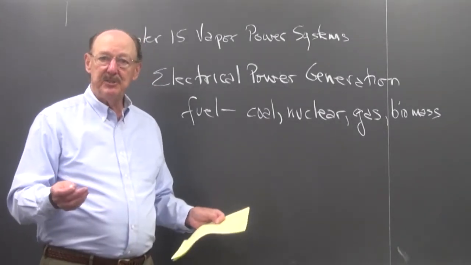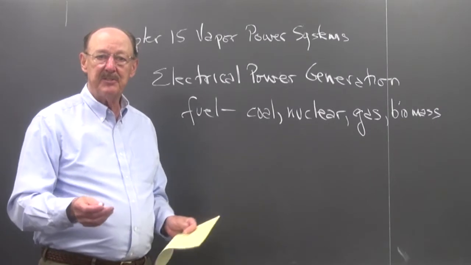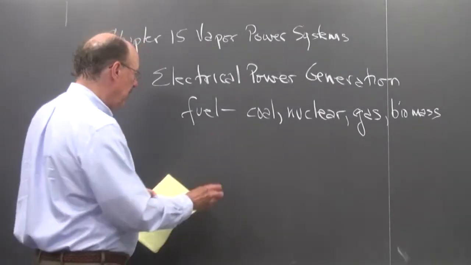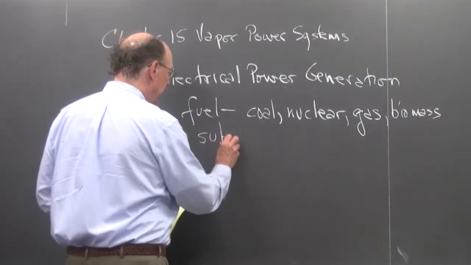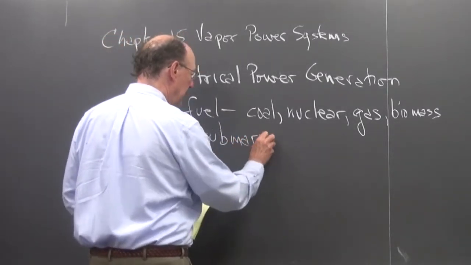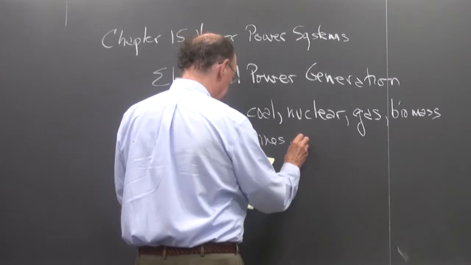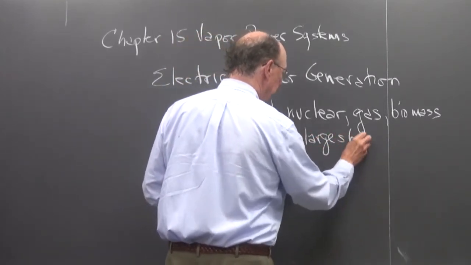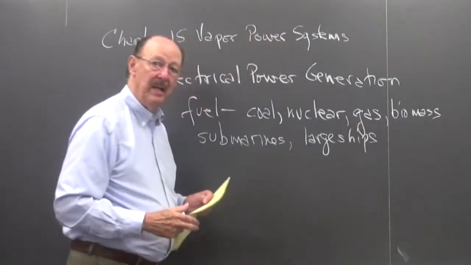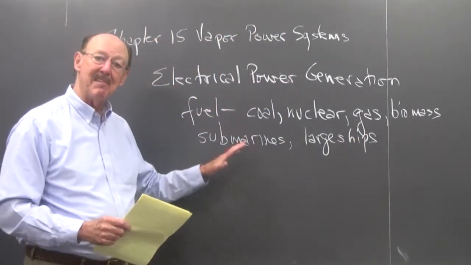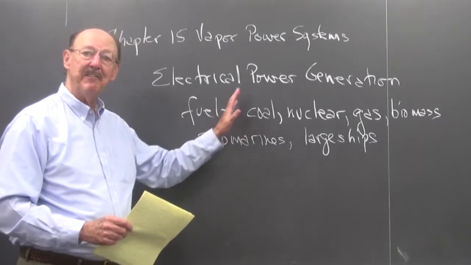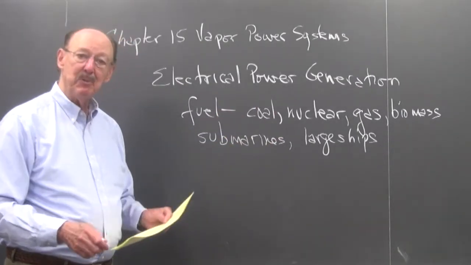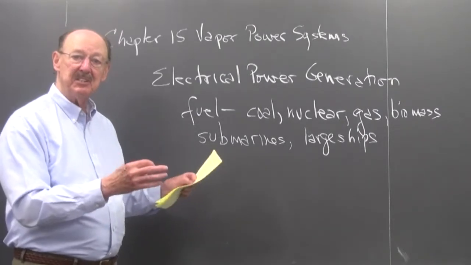And on large ships as well, aircraft carriers have nuclear power plants. And what this means is they don't need to stop for refueling, so they have the fuel potential to keep going.